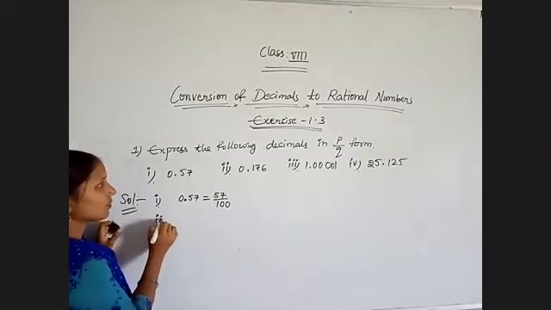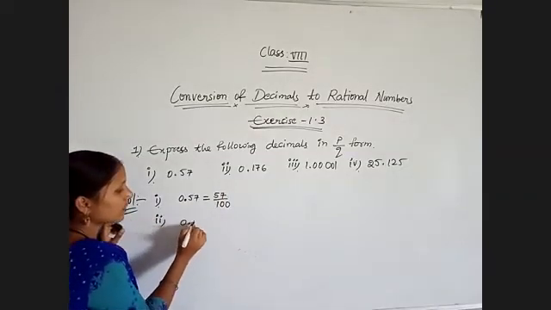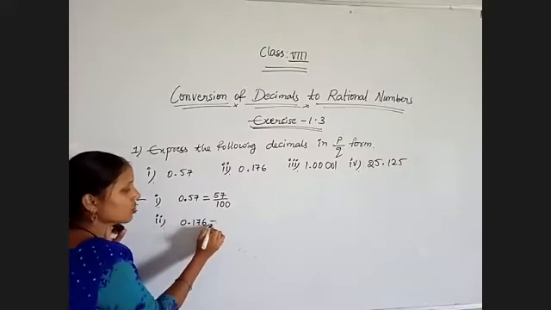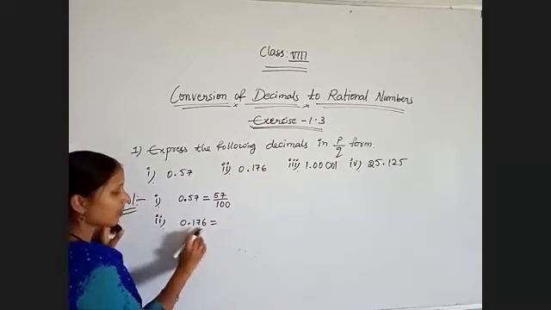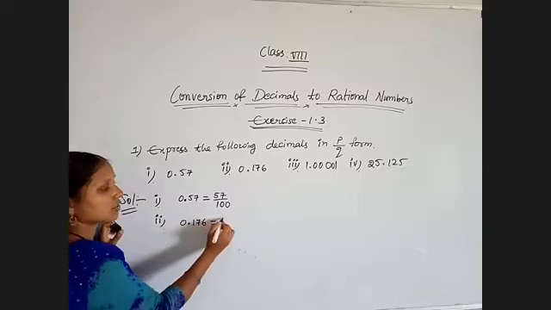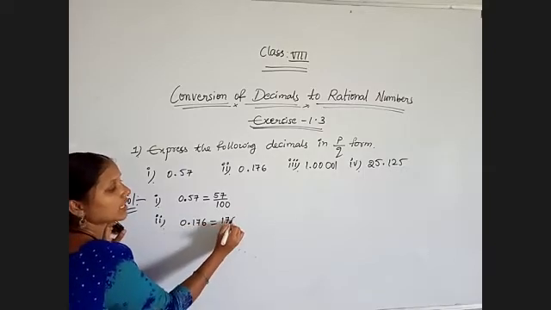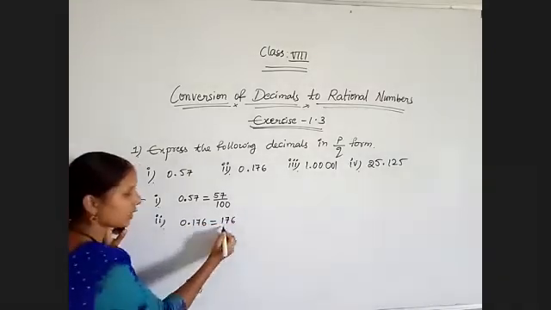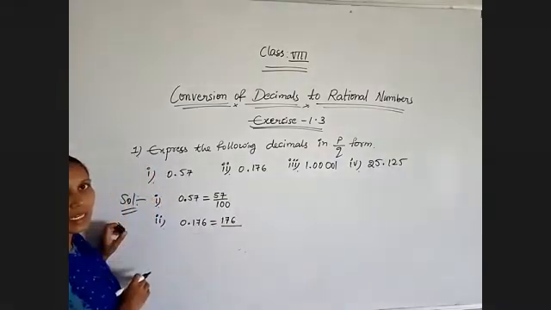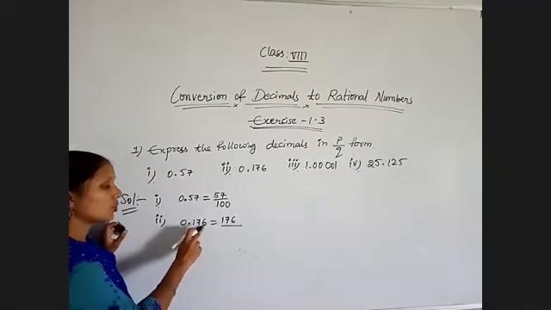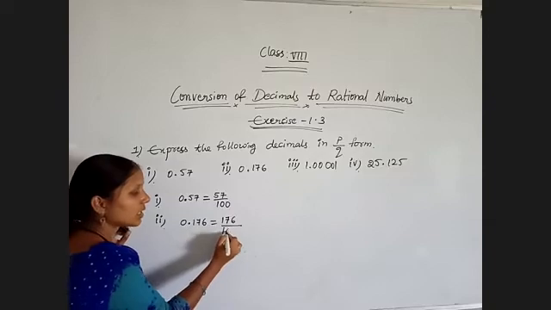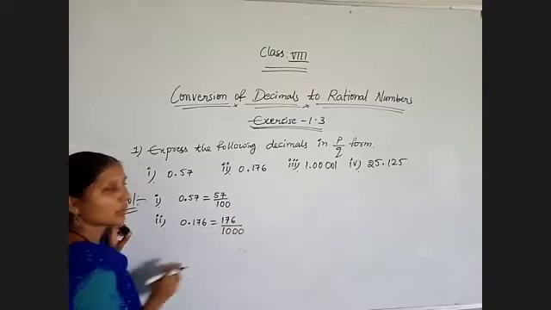Second question, 0.176. As I told you, first write the number, the complete number 0176, that is 176 in the numerator. How many decimal digits are there? 1, 2, 3. So 1000 we will get in the denominator.